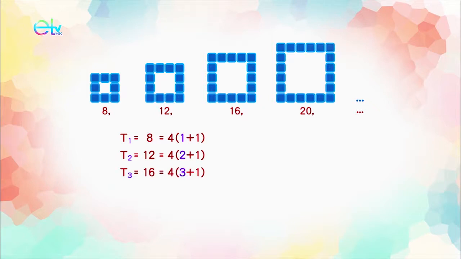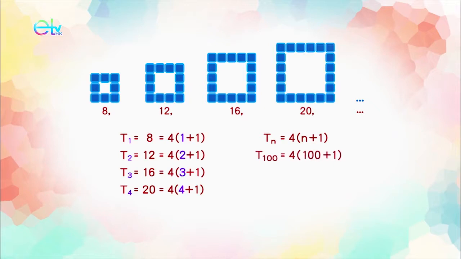The fourth term, T4, is 20. That is 4 times (4 plus 1). The general term, Tn, is 4 times (n plus 1). When n is 100, the 100th term is 4 times (100 plus 1), which is 404.